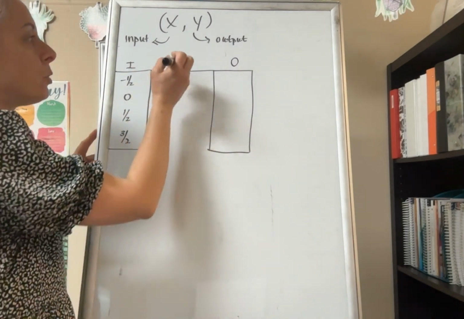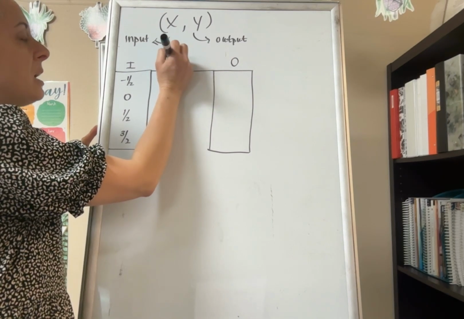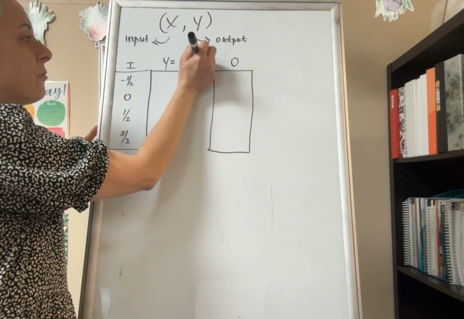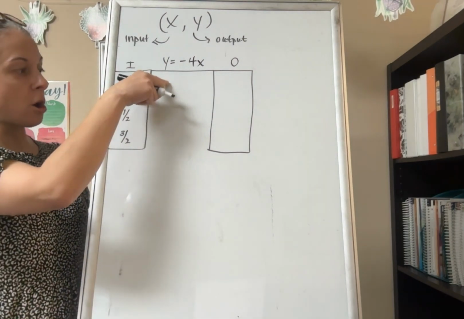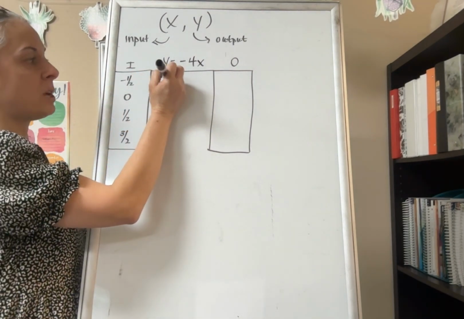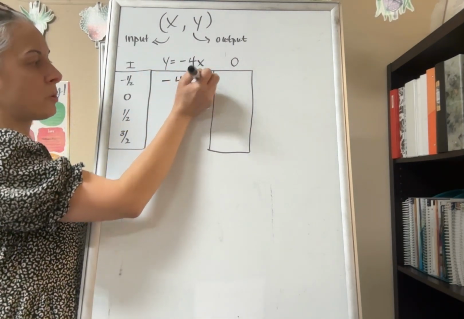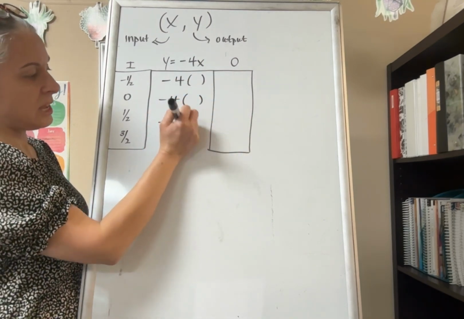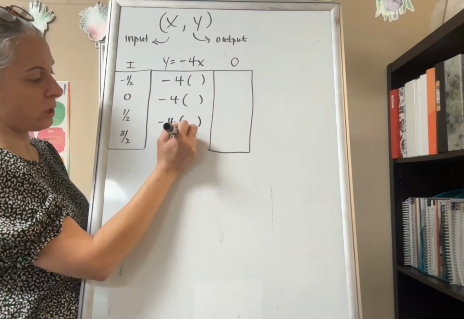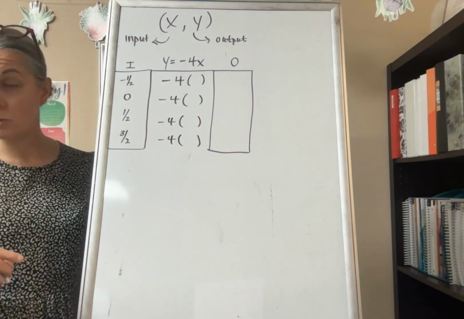So the function rule is Y equals -4X. So that means on all of these rows, I need to put -4 parentheses, right? Because in the parentheses is where I'm going to put the input value.